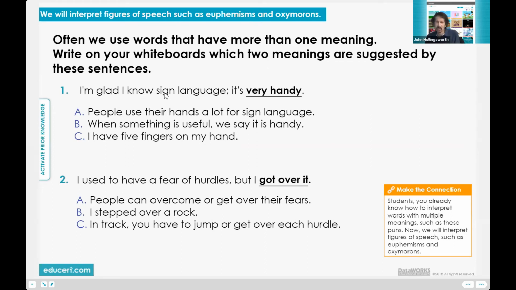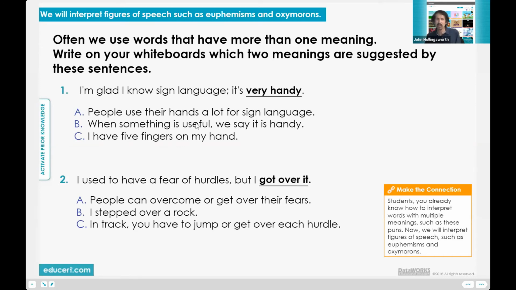I'm glad I know sign language. It's very handy. Okay, kids, let's think what sign language is. It's people talking using their hands. Now, we're trying to find two meanings of this phrase, very handy. Okay, so I'm going to read number A. People use their hands a lot for sign language. That's using the hand part. Yeah, very handy. So that could be one use of this.